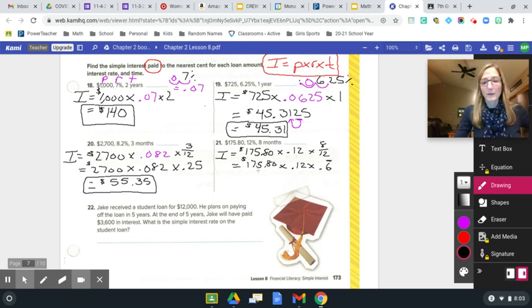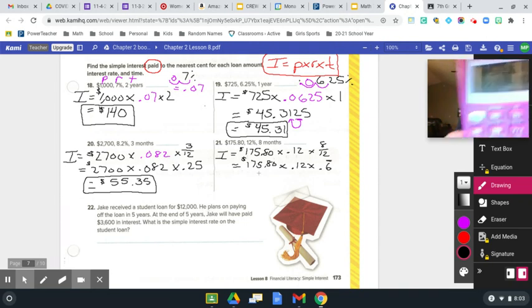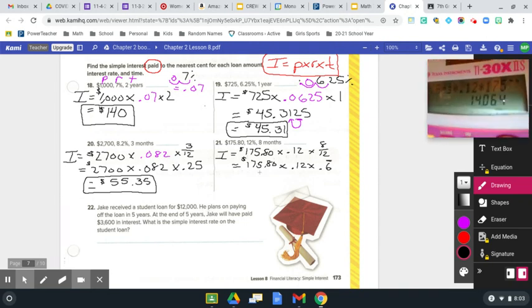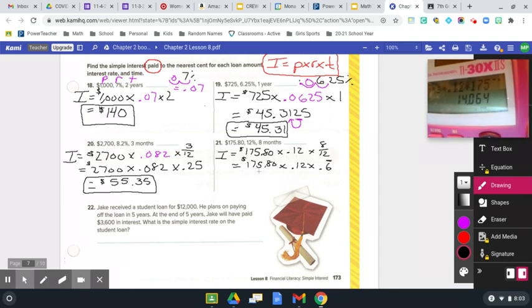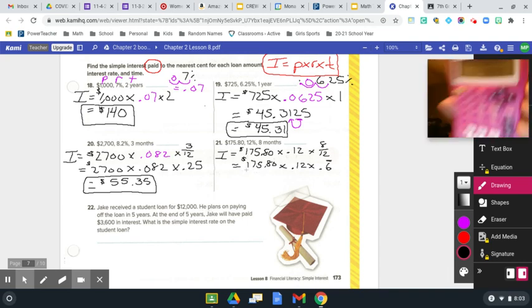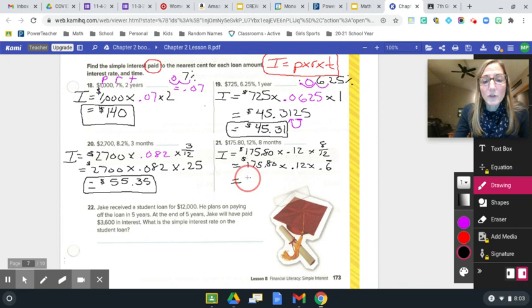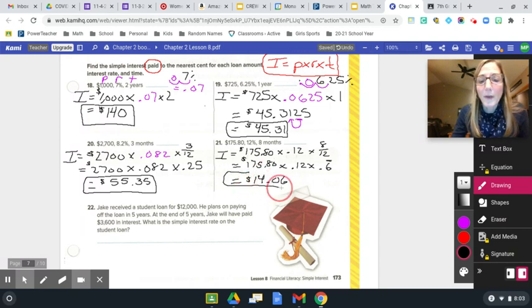And if you do that by working backwards with that repeating decimal, that's what you see. Knowing that this is money again, and we have to think about the nearest cent, that should be $14.06. So the interest on that loan, $14.06 that you owe back.